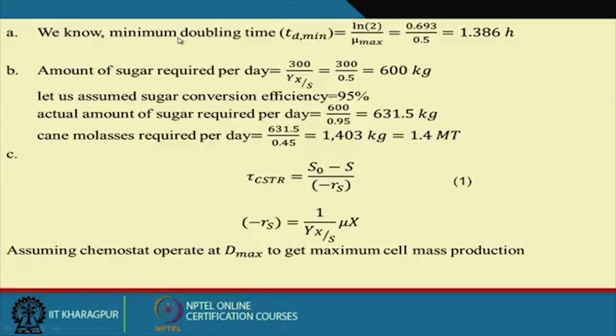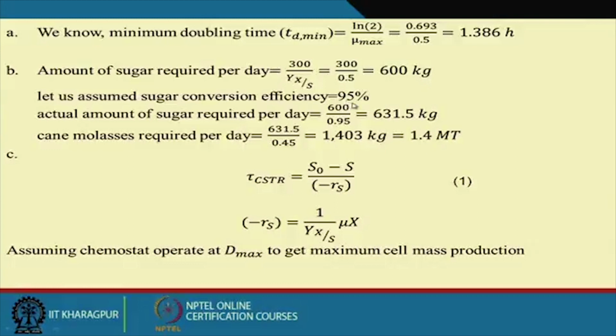We know that the minimum doubling time is ln2 by mu max. So, you can easily calculate this, and the amount of sugar required you can also easily calculate. If you know the 300 kg of cell mass you have to produce, and Yx by S, that is grams of yeast cell produced per gram of sugar, is 0.5, then you require 600 kg of sugar.